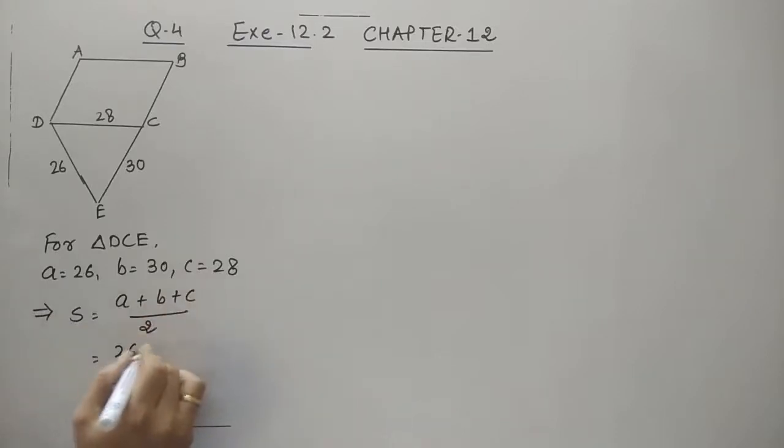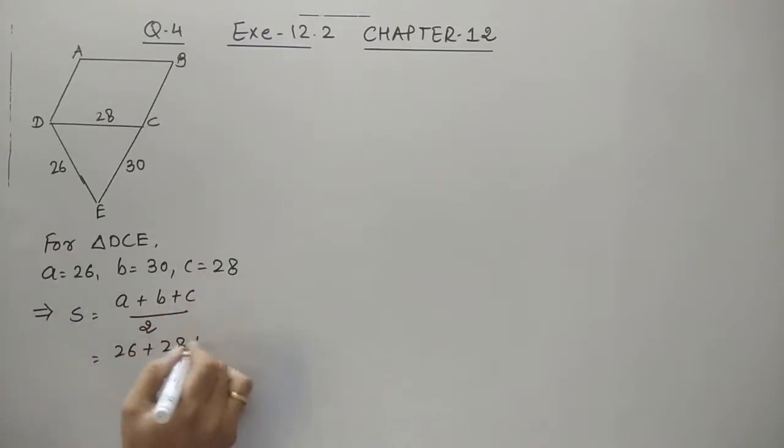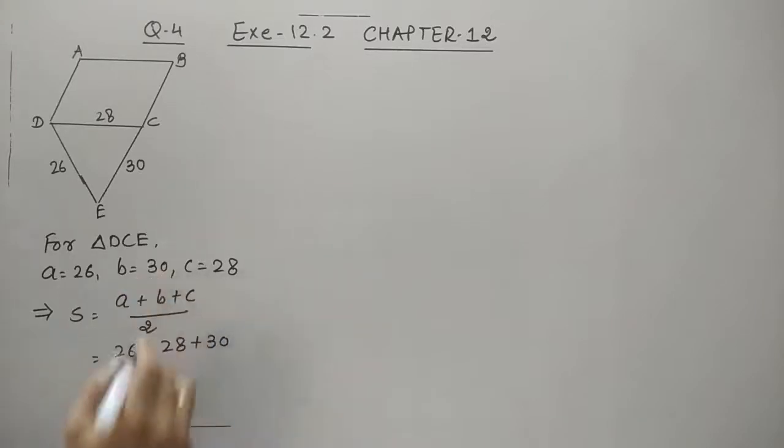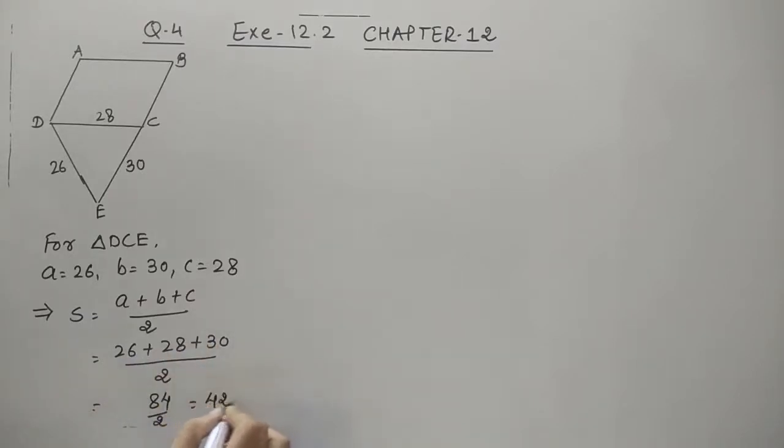So A plus B plus C, first I have written C, it doesn't matter, it won't change the answer. So let's do the addition. 8 plus 6, 14, carry 1. 4 plus 3, 7 plus 8. So the answer comes 42. So the value of semi-perimeter obtained is 42.